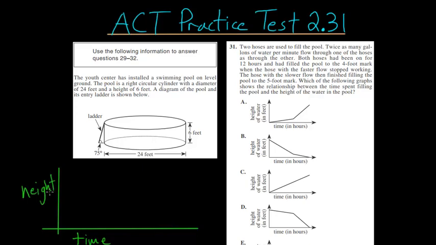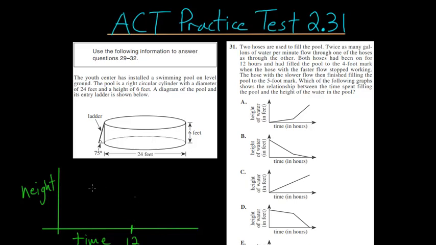So we know that there are 2 hoses filling the pool with water, and it was at the 12-hour mark that the hose with the faster flow, or the hose that's pumping twice as many gallons per minute, stops working.